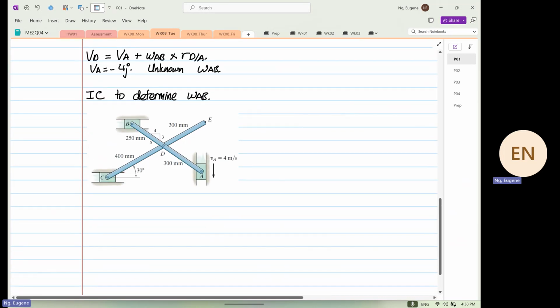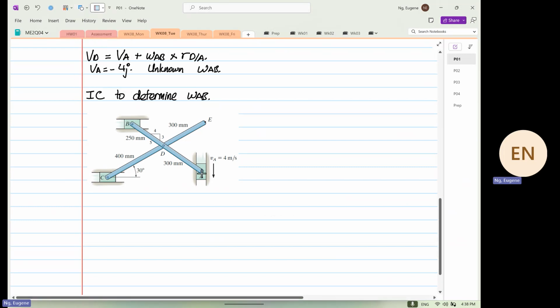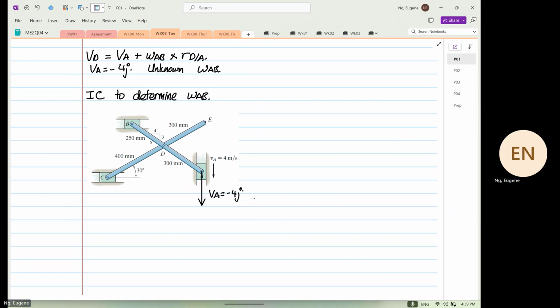So what do we know? We are aware that at point A, we have a velocity vector coming vertically down at 4 meters per second. So VA is equal to minus 4J. We also know that our VB is heading towards this direction.